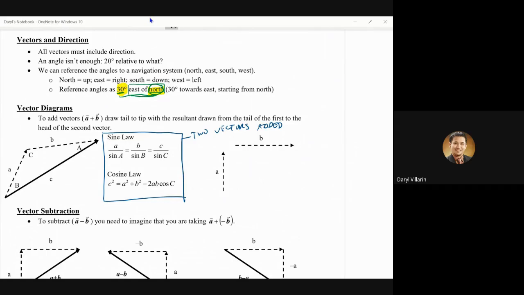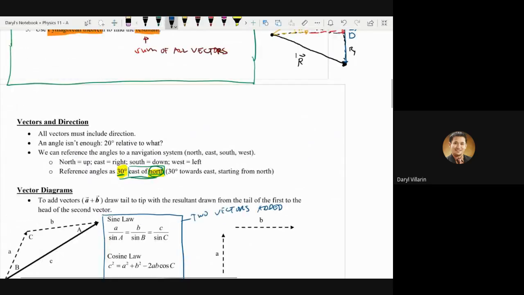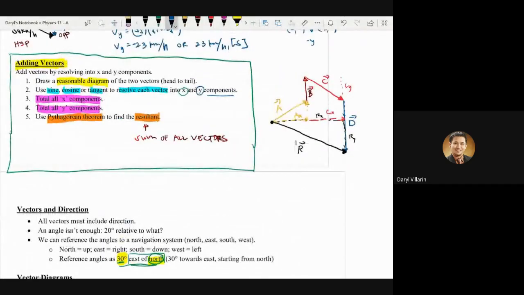However, for three or more, you have to somehow resolve it first into two vectors before you can use the sine law and cosine law. So I would rather focus on this part here, because even though you have 1000 vectors, you can still solve it.